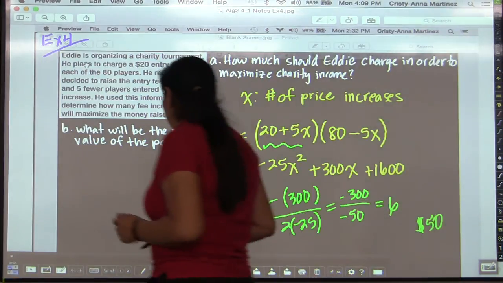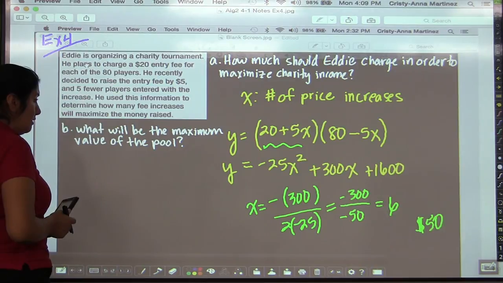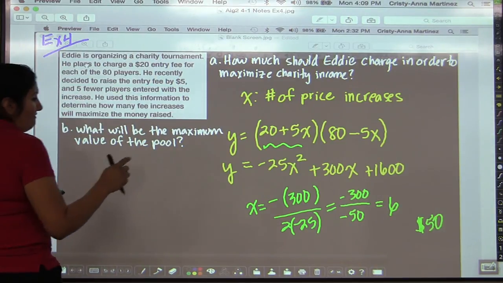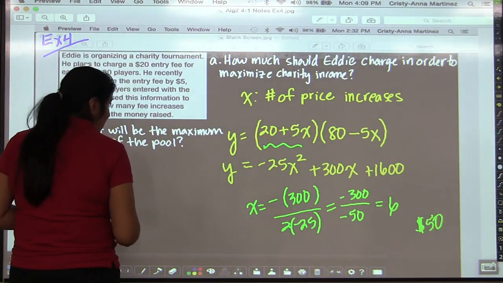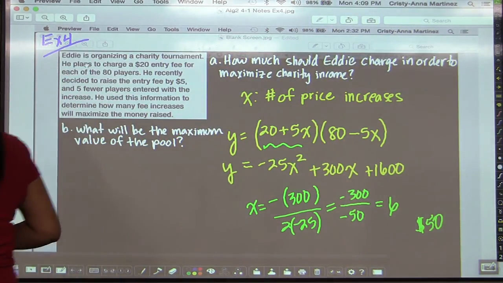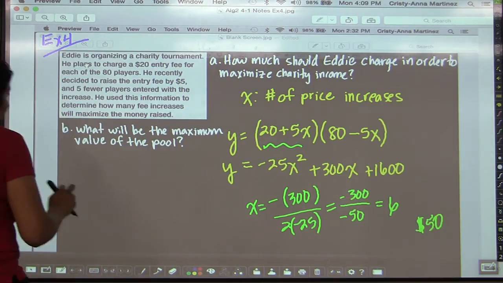And if he does that, what will the maximum value of the pool be? We plug into the function and see what we get. They now want to know what the y value is for my function here. So we're going to plug 6 into this.